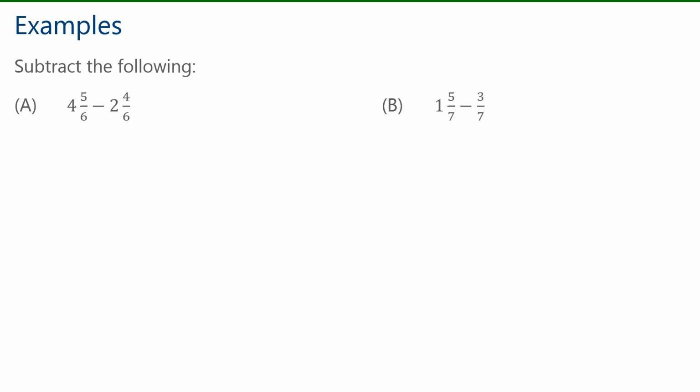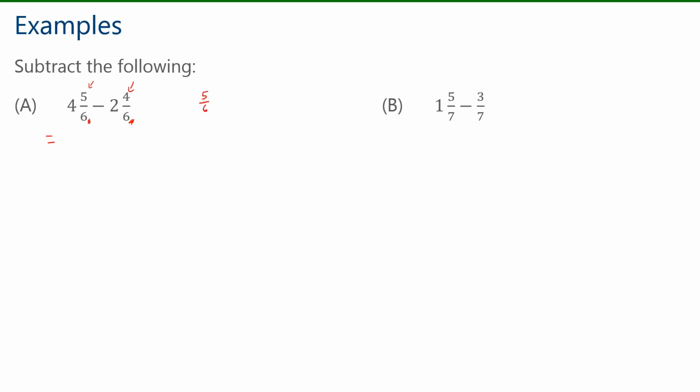Subtract the following. In A, 4 and 5/6, subtract 2 and 4/6. The first step in our process was to write the proper fractions with a common denominator. Well, 5 over 6, 4 over 6, they are indeed common to begin with. Perfect. Next step, we need to look at those two proper fractions to see if the first proper fraction is greater than the second proper fraction.